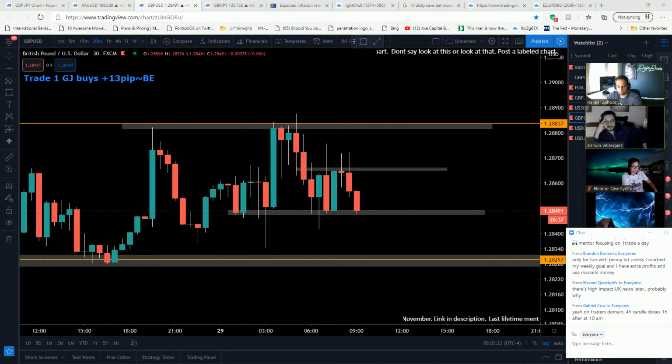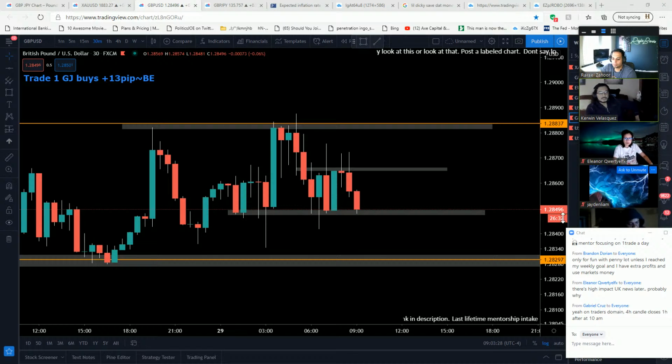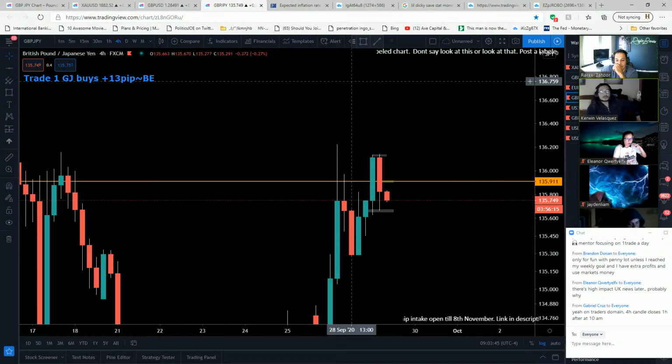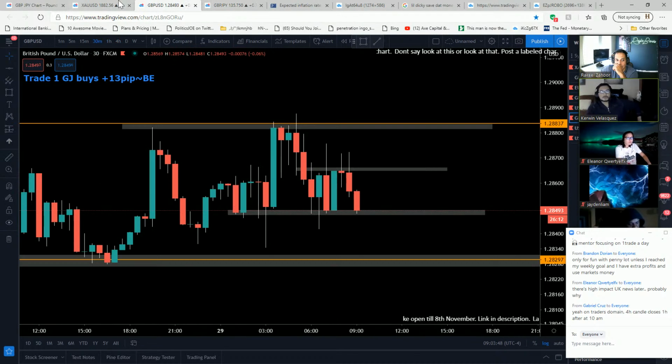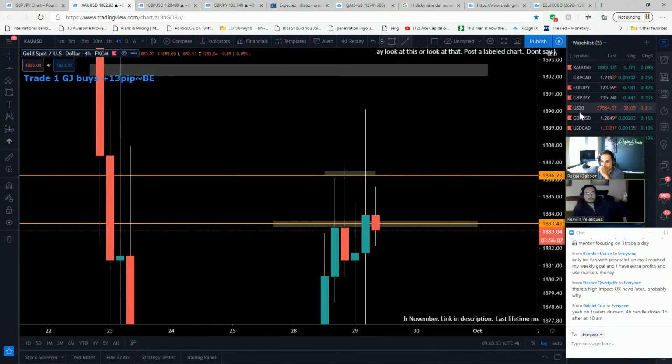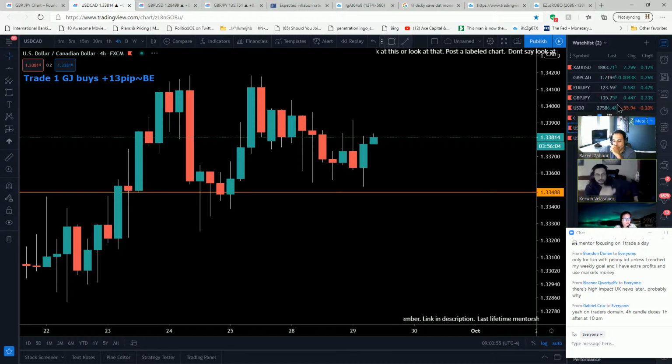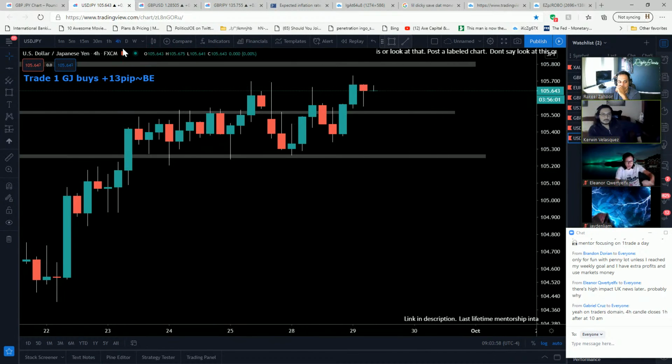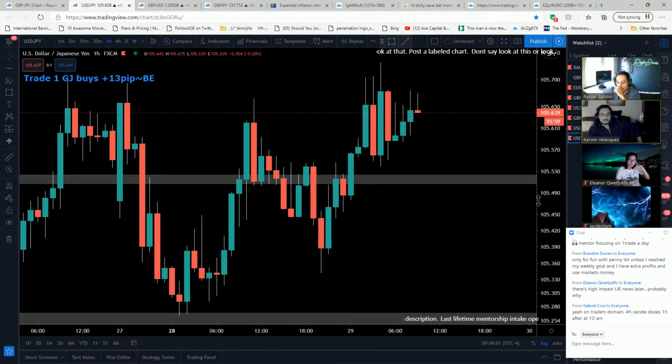Let's say the 4-hour opens at 8 p.m. for some brokers, then this 4-hour candle will close at midnight, while other brokers are closing the first 4-hour candle, which tells you a lot about the new daily, around 9 p.m., and the next one closes at 1 a.m., 5 a.m., 9. But it all depends on brokers. It's not something that you can choose to change.